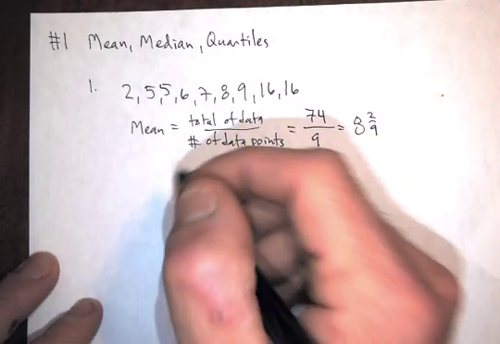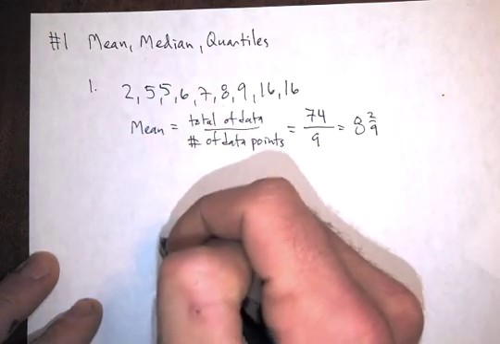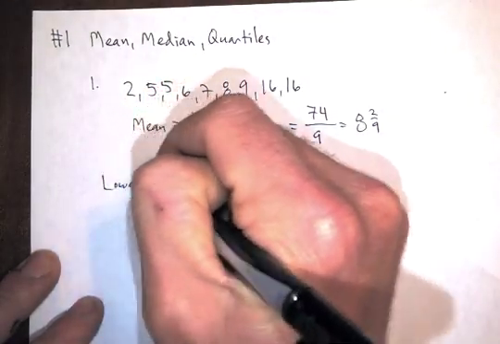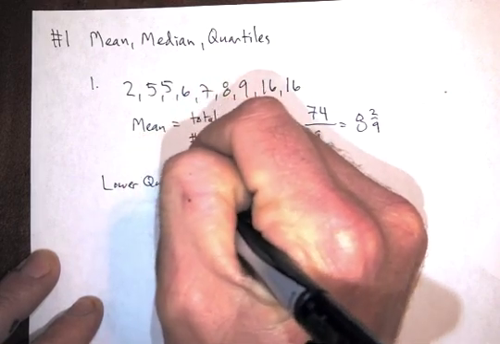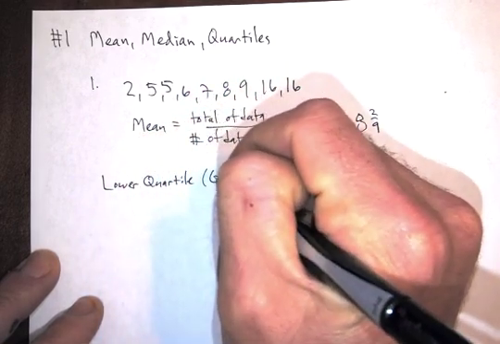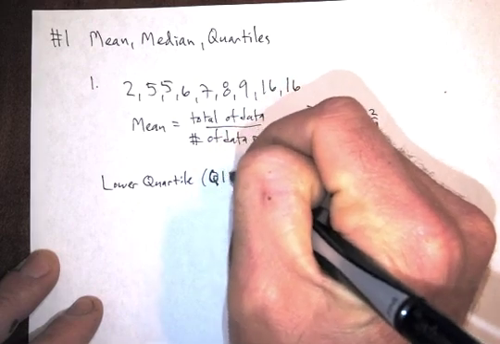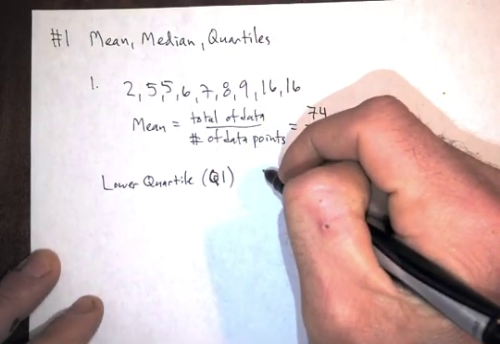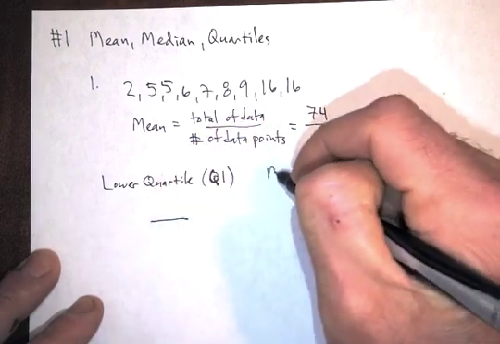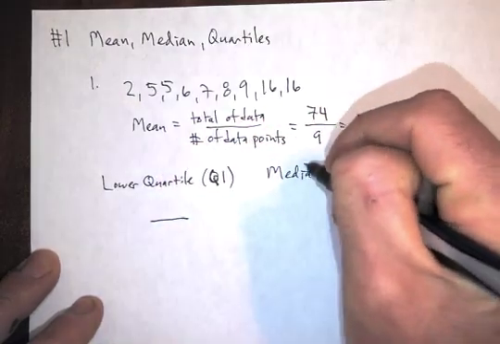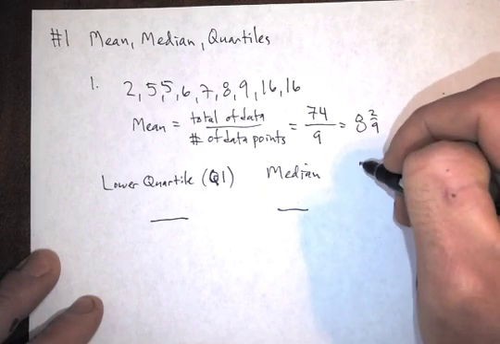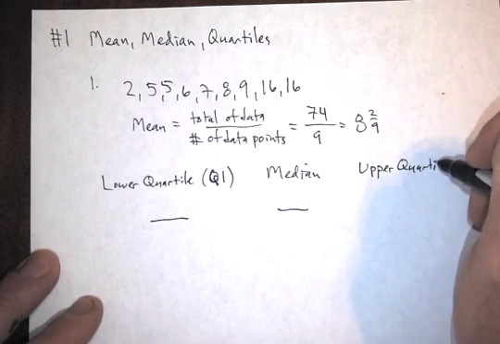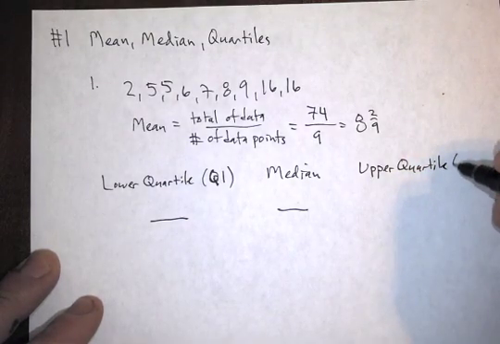Okay, the other thing is these quartiles and the median. So the lower quartile, which is also called Q1. The median, we'll put a blank there, which is the middle, and then the upper quartile, which we could also call Q3.